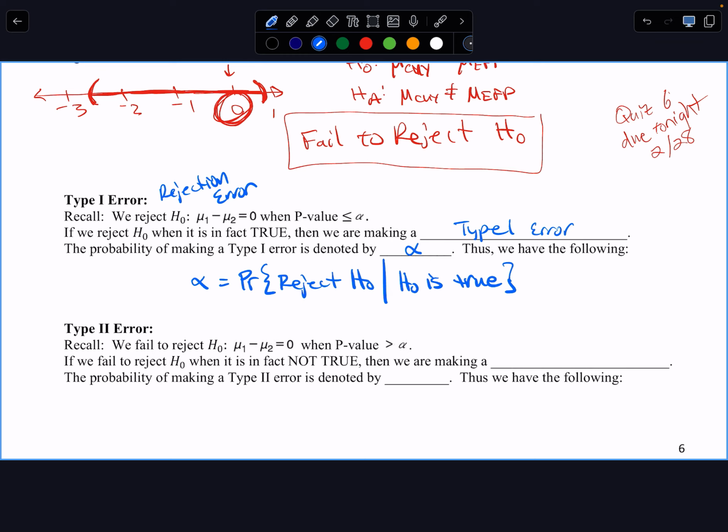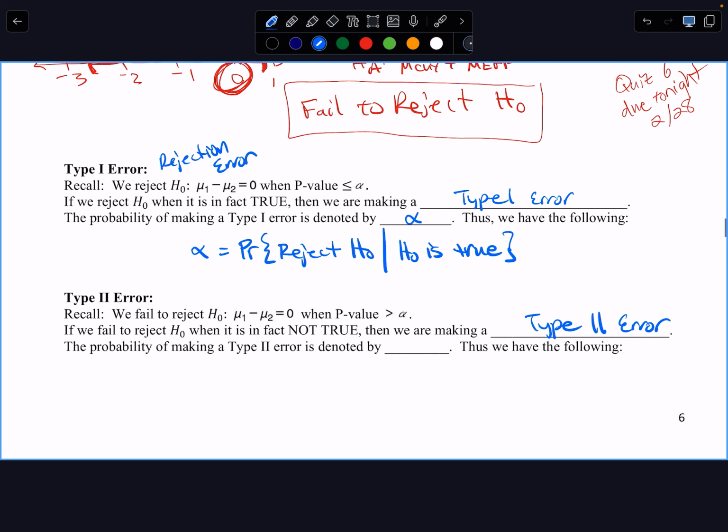So if we fail to reject the null hypothesis when it is in fact not true, that means it's false, we're making a type 2 error. Now, we hadn't talked about this yet, but the probability of making a type 2 error is given by the Greek letter beta.